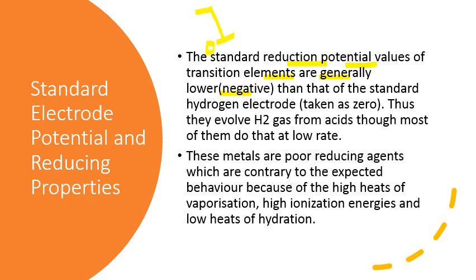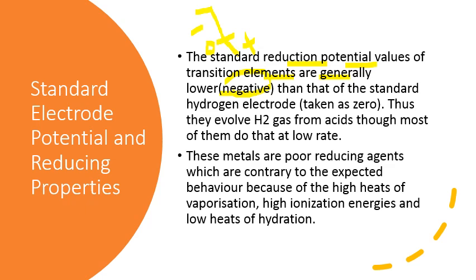So the lower reduction potential is taken as negative. Remember, negative means the lower reduction potential, and above the 0 we have the higher reduction potential, which is observed by the positive sign. The lower reduction potential is observed by the negative sign.